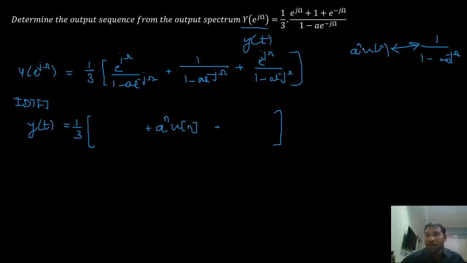Now if I apply time shifting, the left term will become a power n minus m into u of n minus m, and my right side term is going to become e power minus j omega m divided by 1 minus a e power minus j omega.